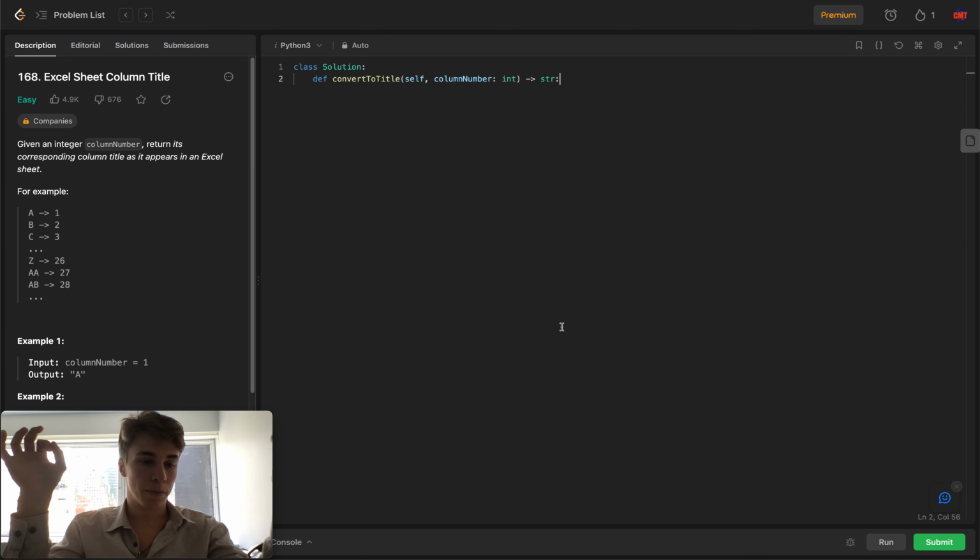Before that, the A in the position that is not the first index to the right, so basically this A holds more of a value than this A here. And exactly how much does it hold? Well, A here holds the value 26 in the above position.